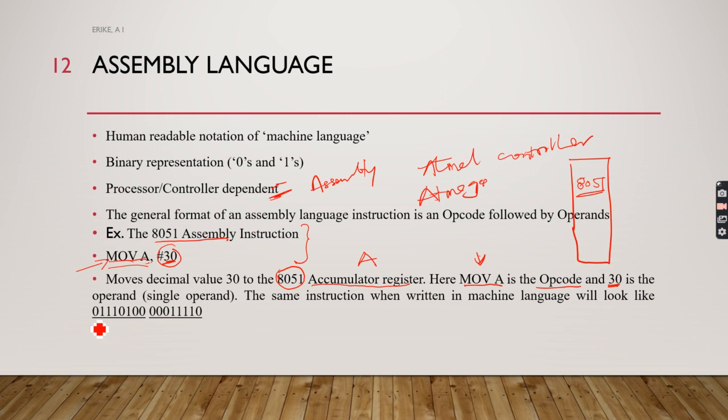Now, the very first one is the instruction, which is the move A. This is the opcode, and this is the operand. But this is machine language.